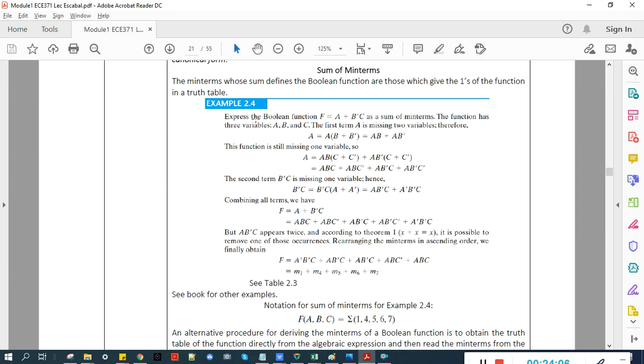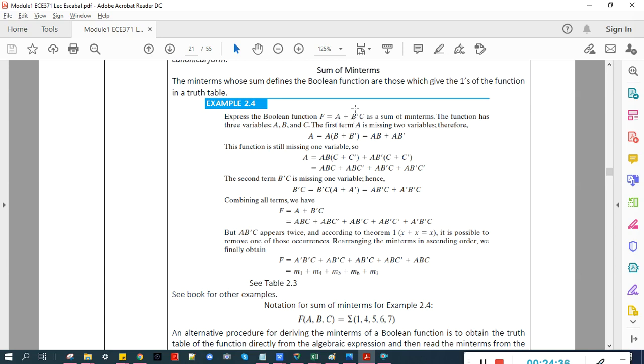So example 2.4, express the Boolean function f equals a or b prime c as a sum of mean terms. How are we going to transform this into the sum of mean terms? This is not in mean terms form, right? Although we have the sum here, a is not a mean term and b prime c is not a mean term.